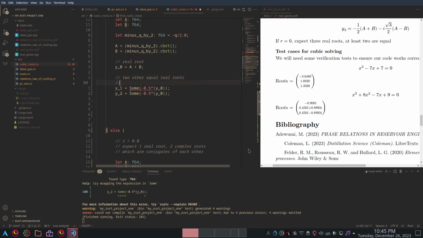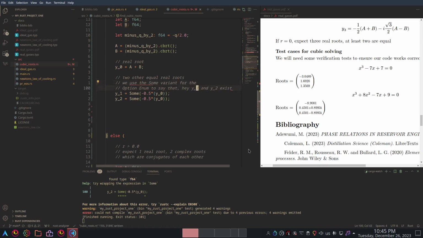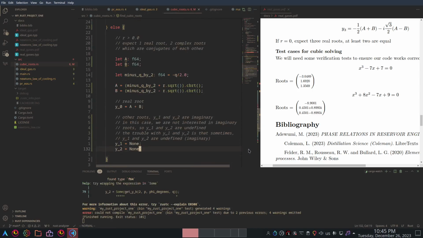So we use the Some variant of the Option enum to say that y1 and y2 exist. In contrast, we use the None variant of the Option enum to say that y1 and y2 do not exist.